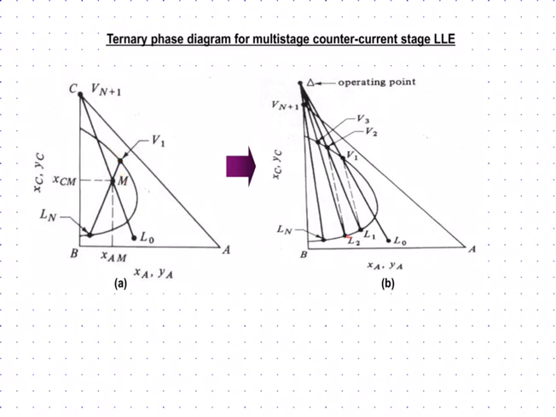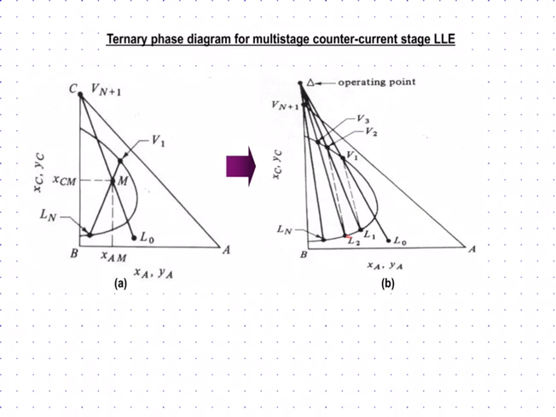Okay, next is to draw from Ln to Vn plus 1. Extend the line. Okay, so how to get the operating point? You need to draw extended line from L0 to V1 and extended line from Ln to Vn plus 1. So the intersection between these two lines that you have will give you a point, okay, maybe outside of the graph that you have. That is called the operating point or reference point. Okay, so you need this reference point.